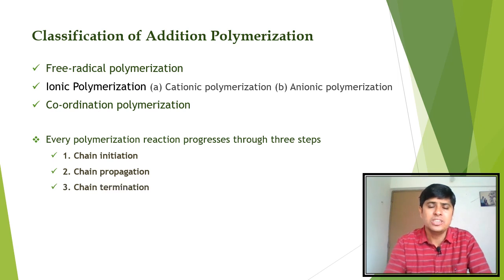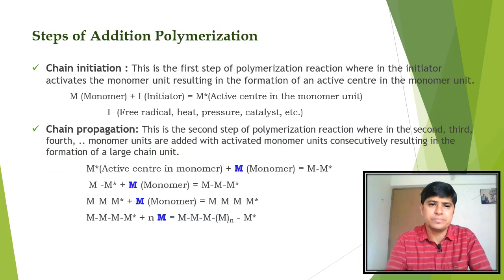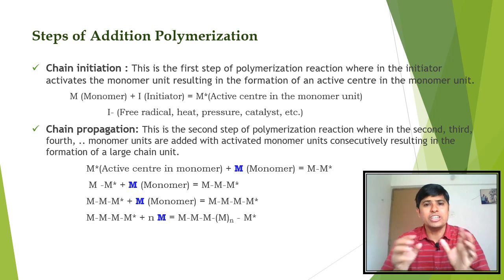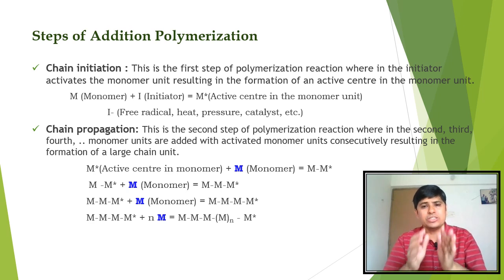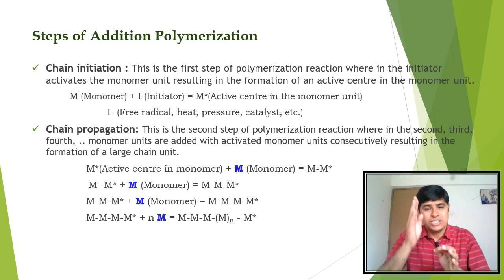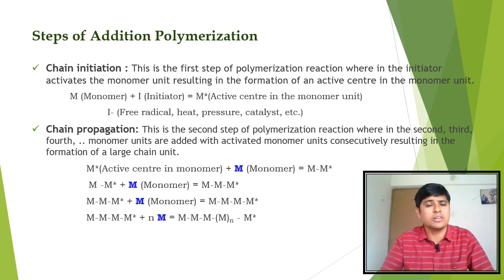In chain initiation, the chain will be initiated. Then in chain propagation, the chain length will get increased. The third step is chain termination, where the polymer chain will get terminated at some point.